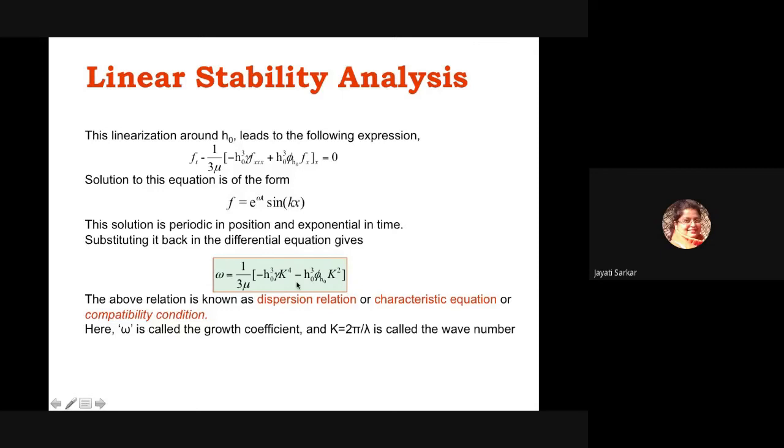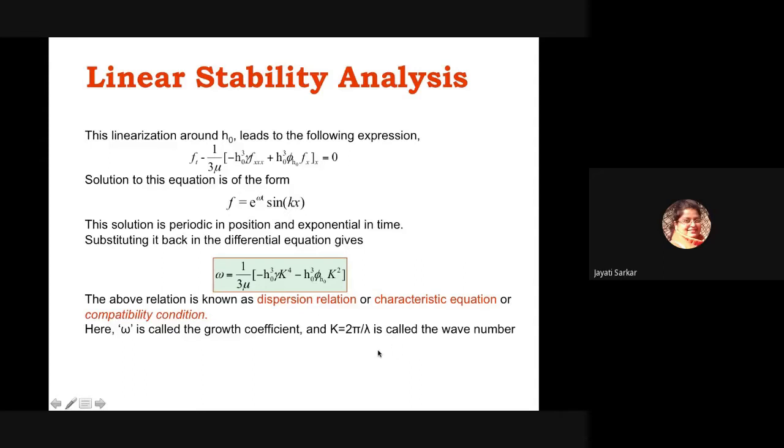this is the dispersion relation that we get, also known as a characteristic equation or a compatibility condition. This is an equation for the growth rate of this perturbation, where k is the wave number of the instability as it evolves.